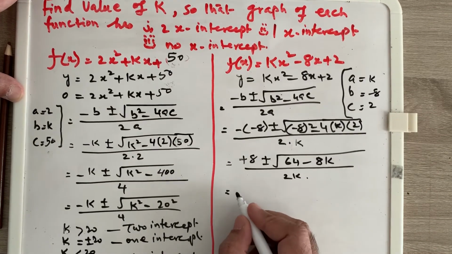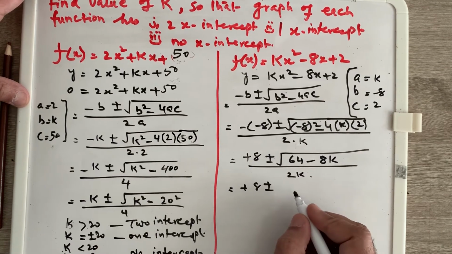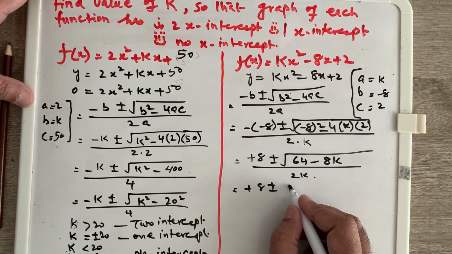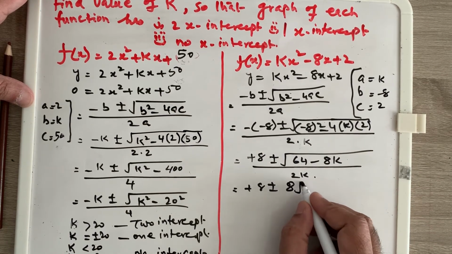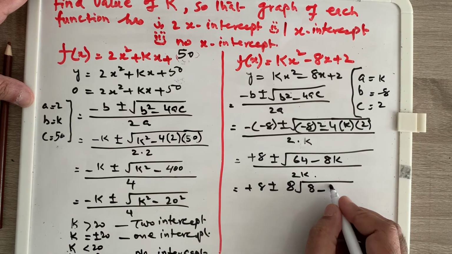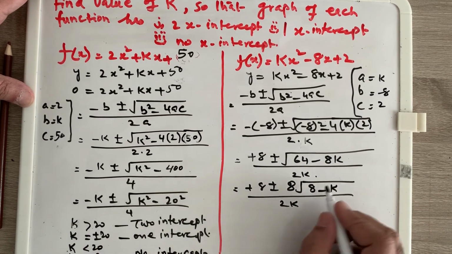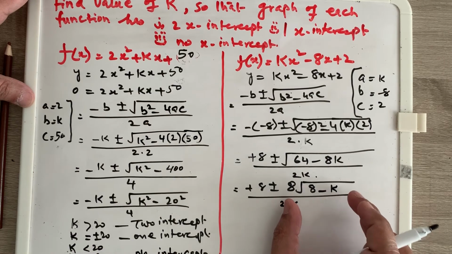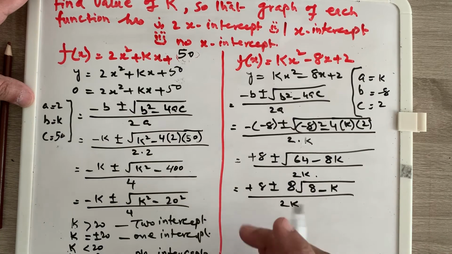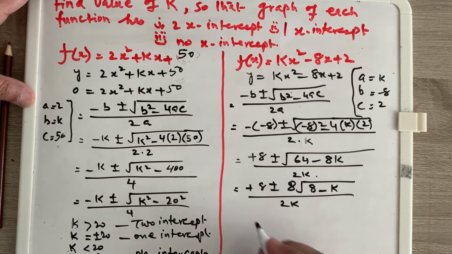So now I have plus 8 plus minus under the root 64 and 8k. I can take 8 as common because that divides 64 as well, and what is left over will be 8 minus k, divided by 2k. So now I have the determining factor, which is 8 under root 8 minus k, which will decide my x-intercept values.